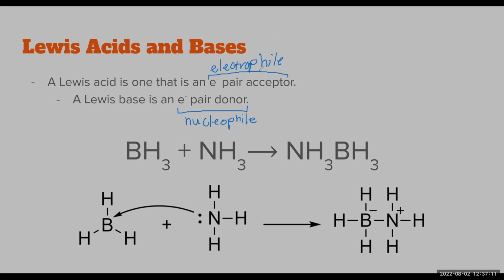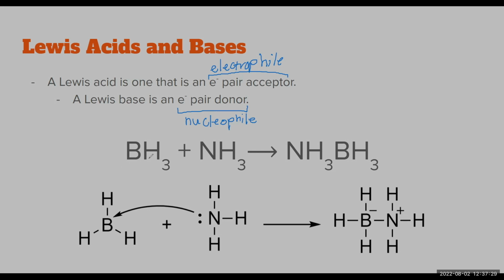So a Lewis acid and a Lewis base, I will say that it is slightly harder for me to identify just by looking at the reaction itself. I find it's easier to identify them if you draw the Lewis structures of them and visualize what is happening.